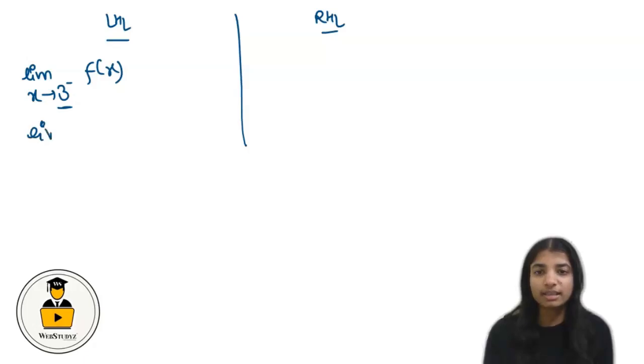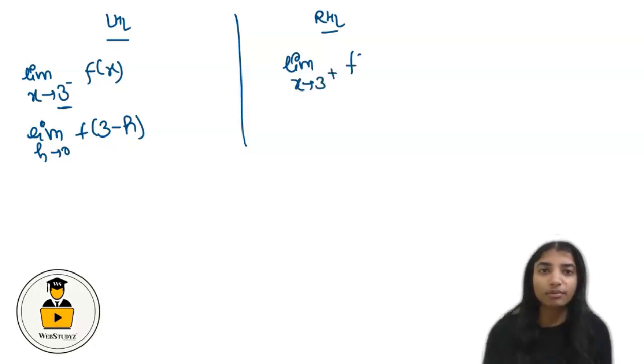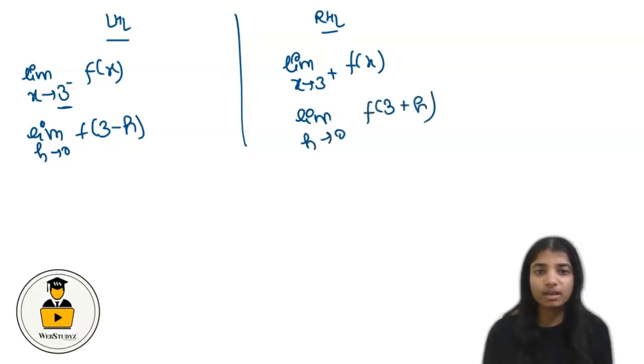So we can write this as limit h tends to 0 f of 3 minus h. And limit x tends to 3 positive f of x means x is approaching 3 from the numbers which are greater than 3, so we can write this as limit h tends to 0 f of 3 plus h.